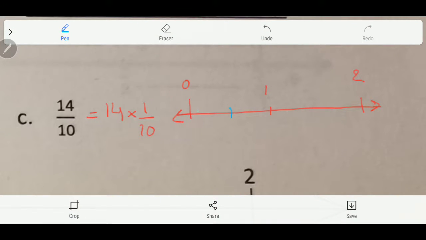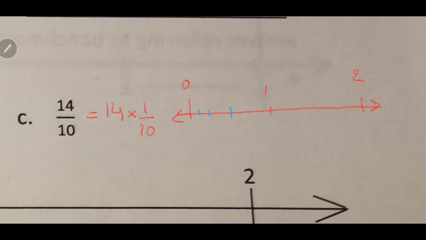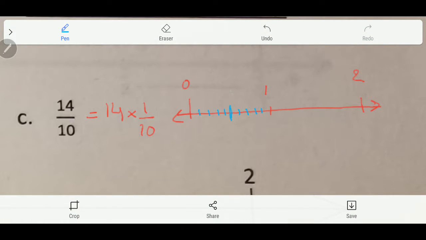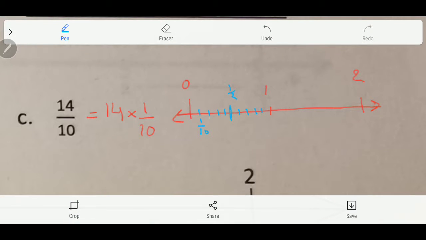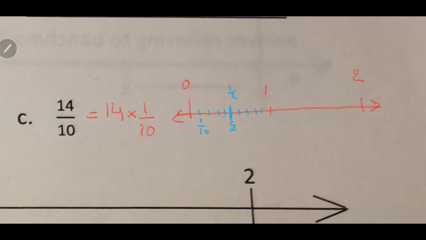And then we're gonna do 1, 2, 3, 4, and then this is 5. 1, 2, 3, 4, and this is 5. So this is 1/2. So this is 1/10, 2/10, 3/10, 4/10, 5/10. What's 5/10? It's 1/2.